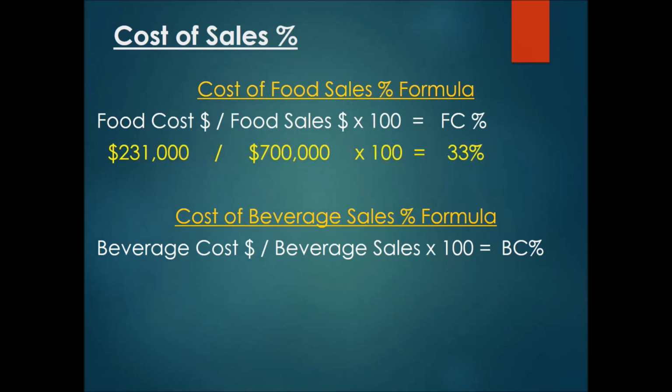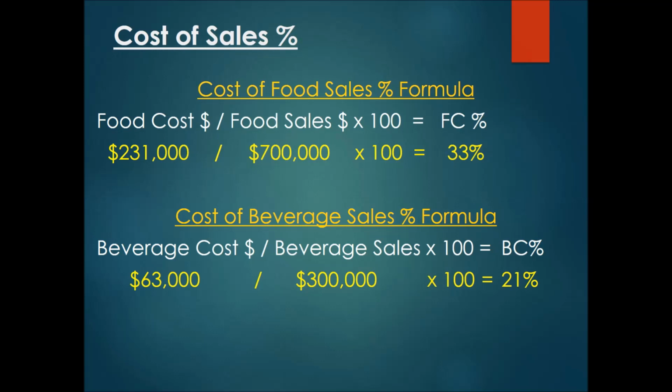So we had $231,000 in food cost dollars to bring in that $700,000 in food revenue, and that would be 0.33 multiplied by 100, which makes it a 33% food cost. Beverage cost was $63,000 from our example that we had to purchase to bring in those $300,000 in beverage sales. Multiplied by 100 tells us our beverage cost for that month was 21%.